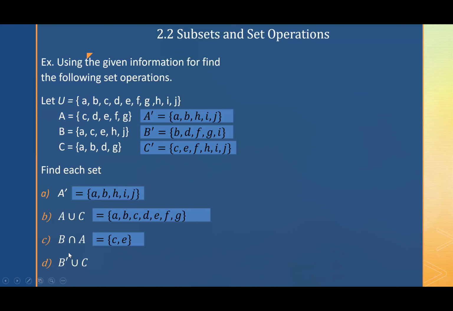They tell you to take whatever is in B prime, whatever is outside of B, and combine that with whatever is inside C. So we take these two items and put them together, and we have A, B, D, F, G, and I.